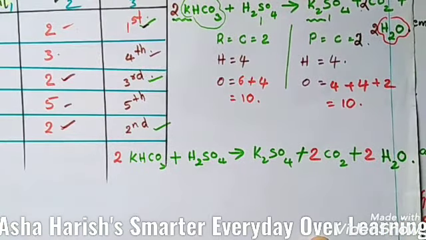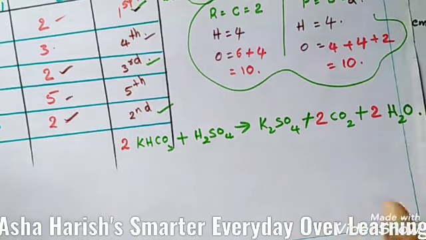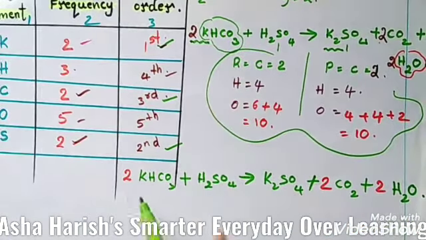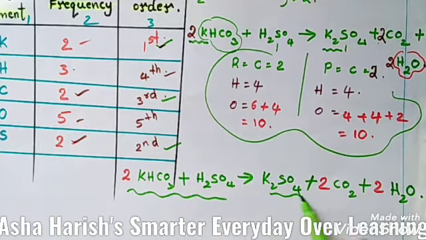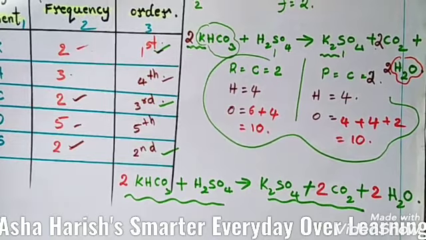Now from this equation we got all the elements' numbers according to the law of conservation of mass. The number of atoms on the reactant side and the product side is the same. Hence this equation is balanced according to this frequency method.